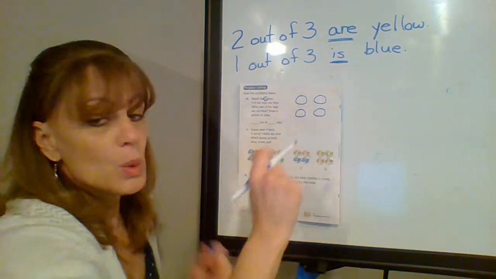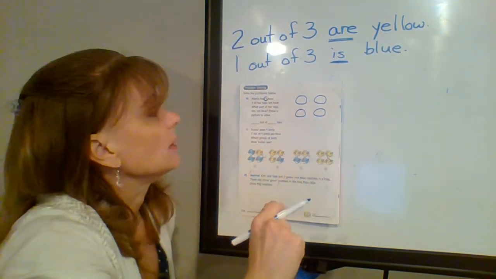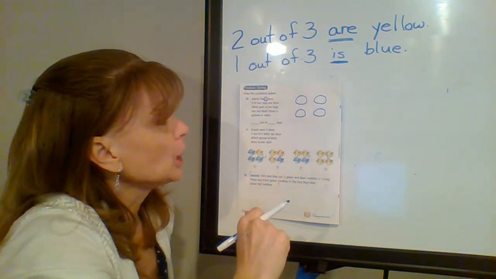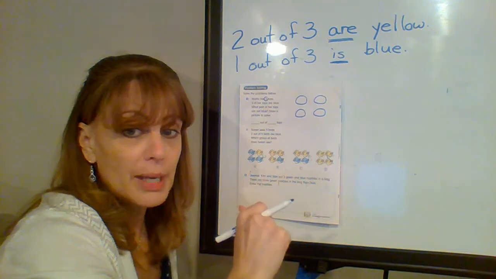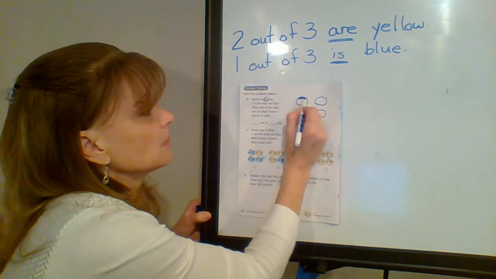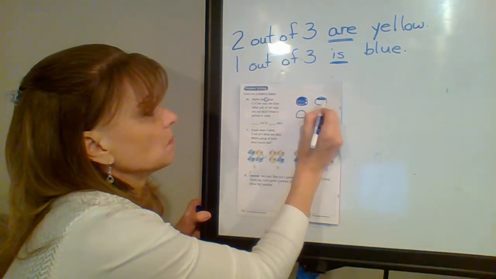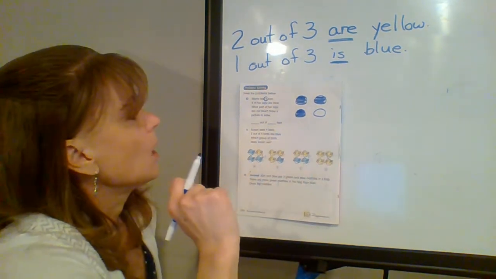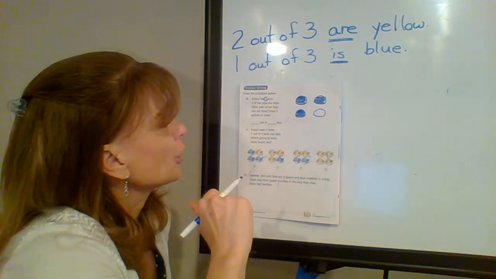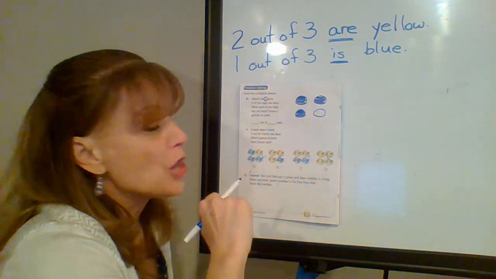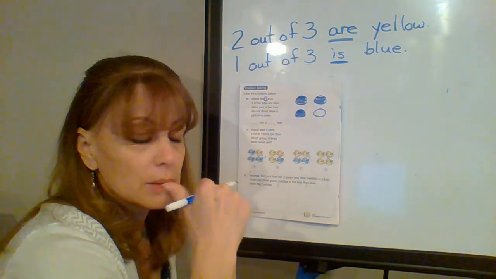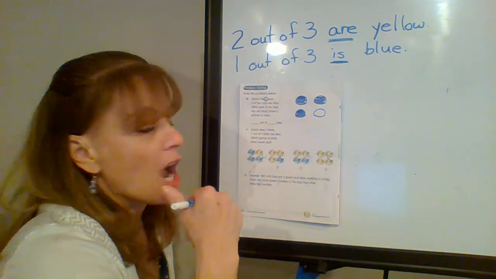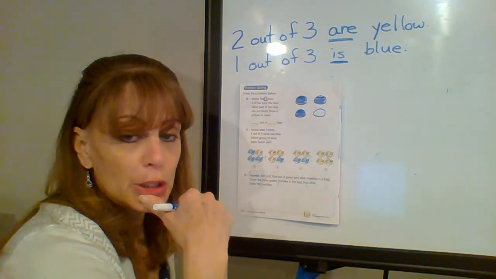So we need to have 4 because that's how many in all. 3 of her tops are blue. So go ahead and color 3 blue. What part of her tops are not blue? Write the sentence.